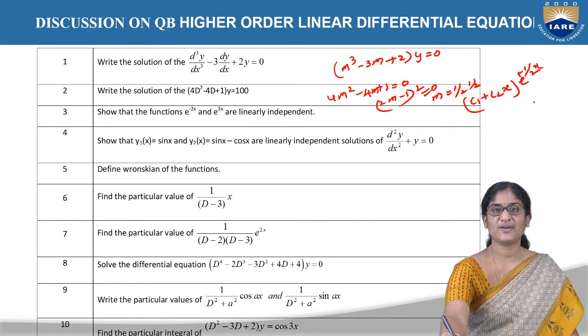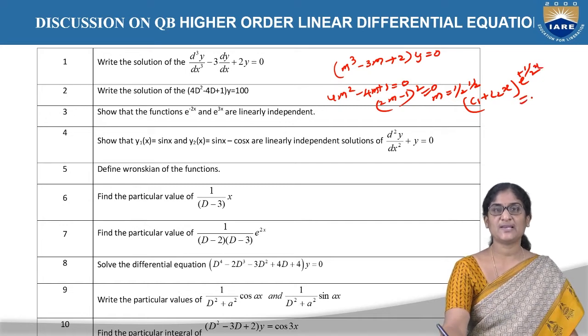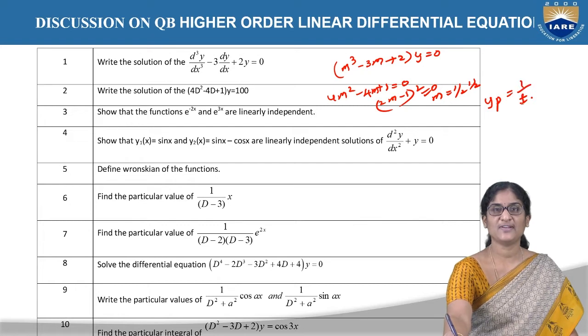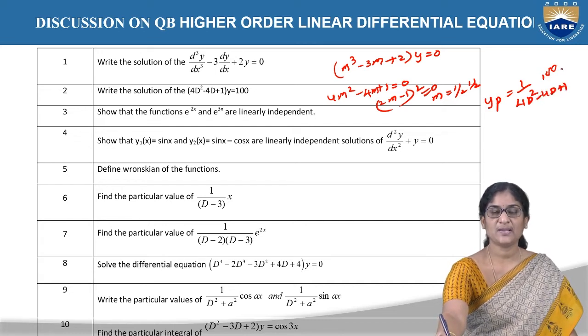Going to the particular integral, it can be written as yp is equal to 1 by f of D into 100, where f of D is nothing but 4D square minus 4D plus 1, and this can be obtained by multiplying 100 with e to the power of 0x.